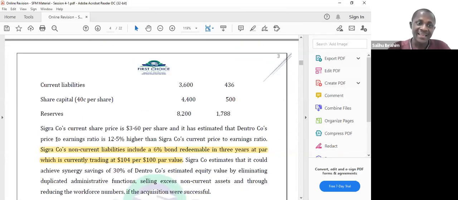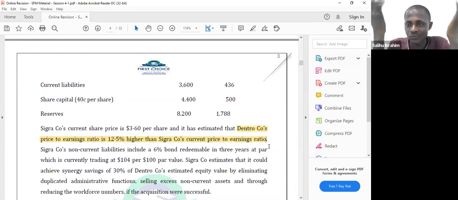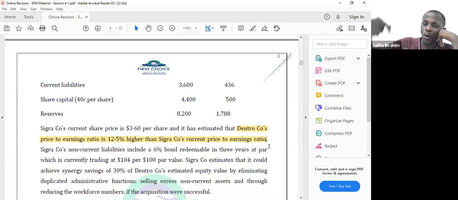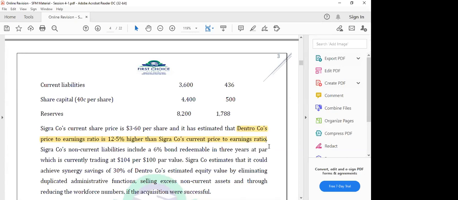The question tells you that the price earnings ratio of Dentroco is 12.5% higher than Sigraco's current price to earnings ratio. So what does that imply? Before I can get the price earnings ratio of Dentroco, I must obtain the price earnings ratio of Sigraco.